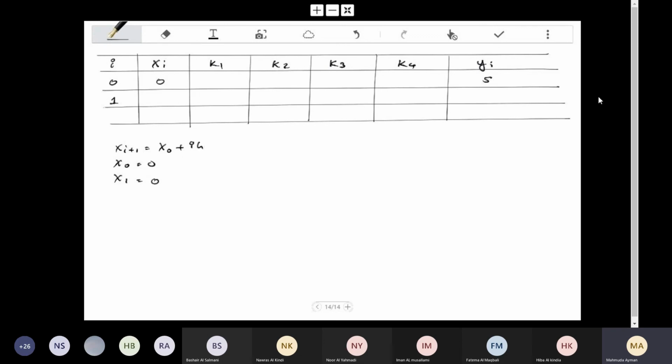So we have here 0 plus 1 times 1.5, which is equal to 1.5, and x2 is 0 plus 2 times 1.5, which is equal to 3. So here we have 0, 1.5, and 3, and we need the value of y when x is equal to 3. So that's the number of steps that we need to do for this one particularly.